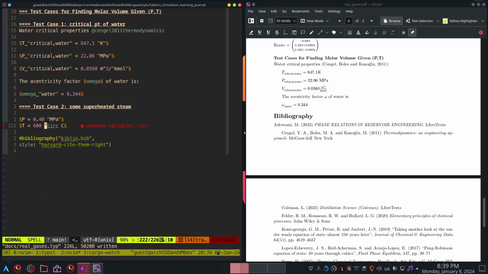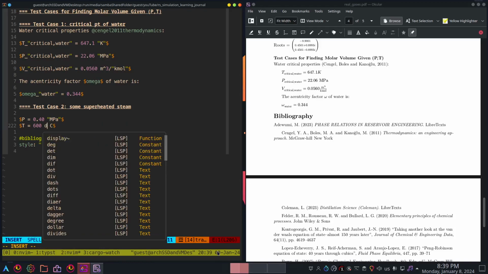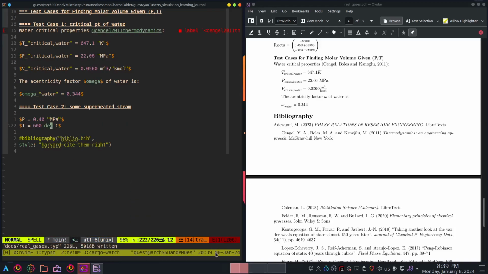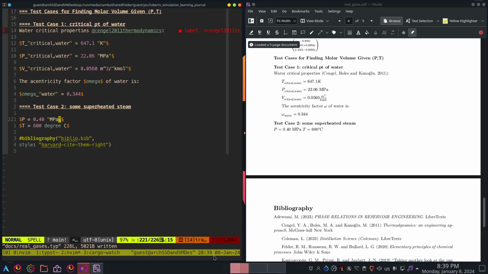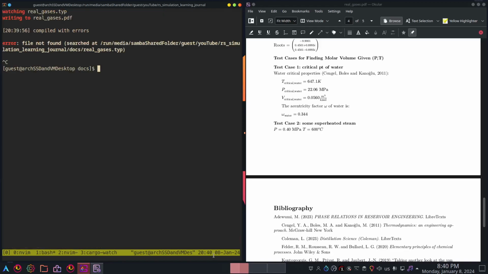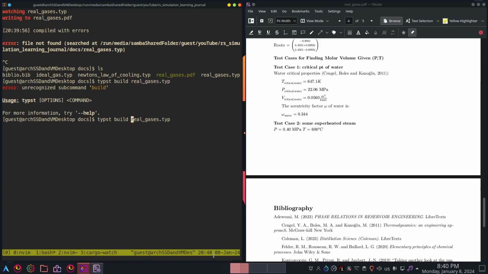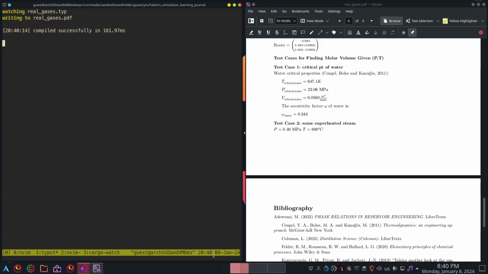Let's see whether this works. It should work. Yes. Okay, let me do types build. I'll just use type swatch. I'm very used to type swatch.